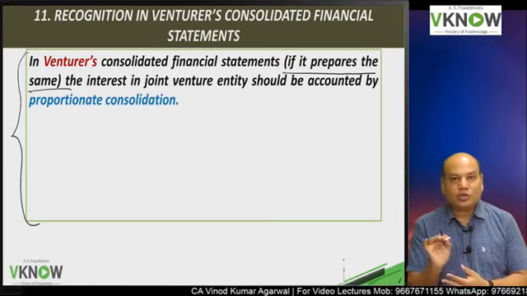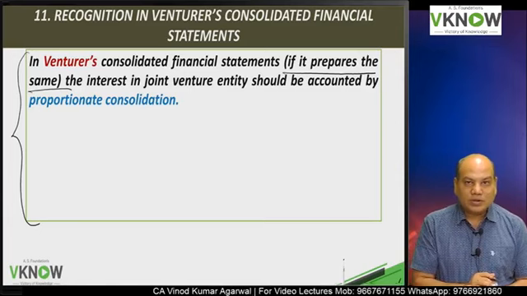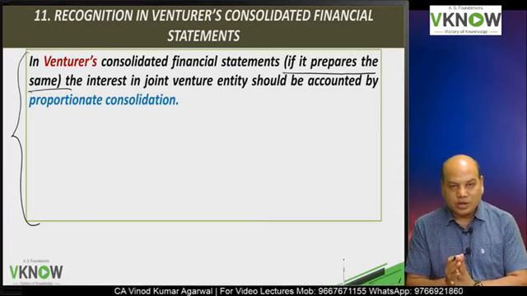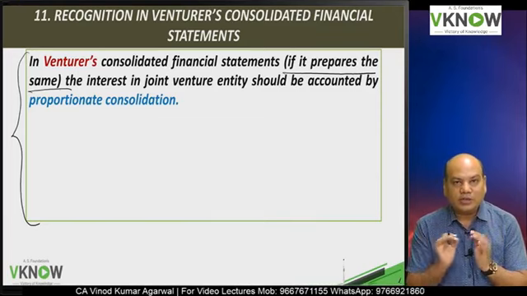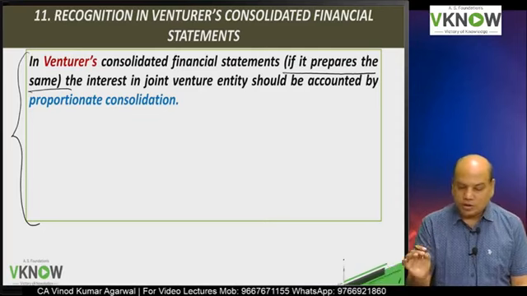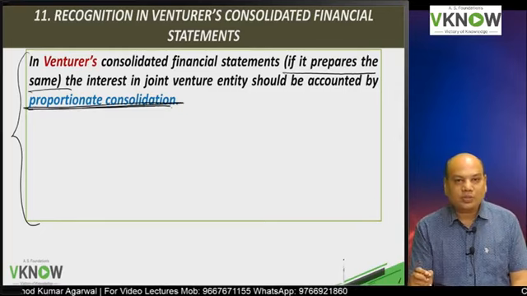That is, the venturer should have a subsidiary. So if the venturer has a subsidiary, it is preparing consolidated financial statements, and then in the consolidated financial statements it will consolidate the joint venture by applying the proportionate consolidation method.